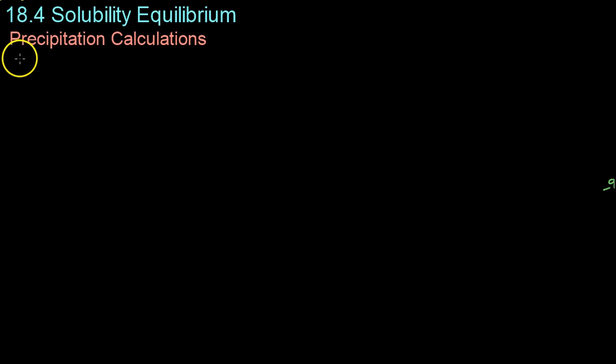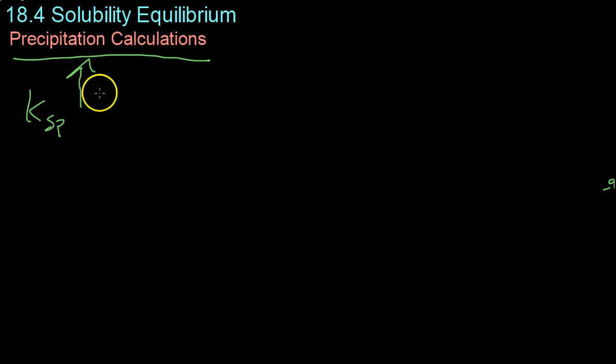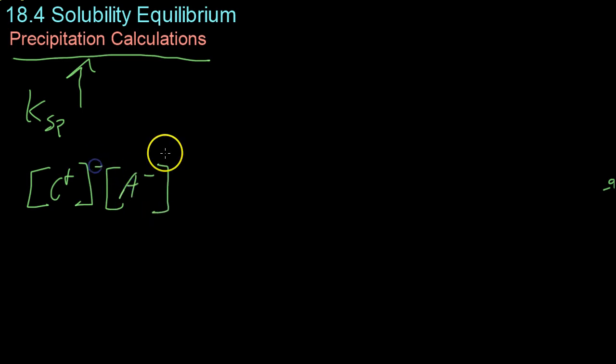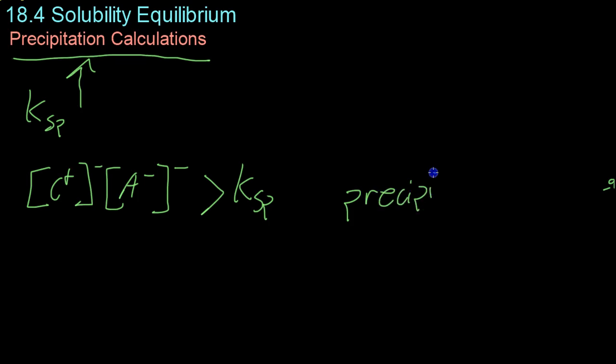Moving on now, we're going to be discussing precipitation calculations. As I mentioned before, the solubility product constant can be used to predict whether precipitation will occur. So if the product of the ions, the product of the concentration of the cation and the anion raised to whatever their coefficients are, is greater than the solubility product constant, then you will get a precipitate.